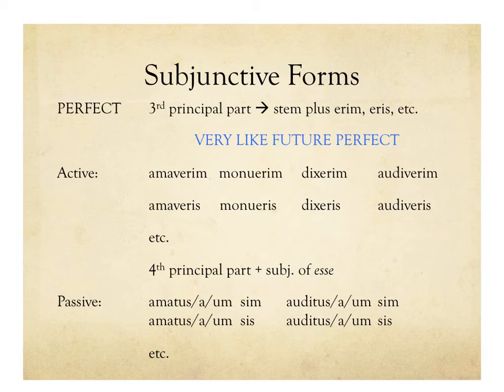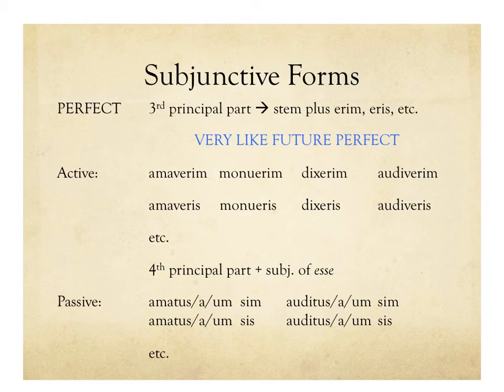For the perfect, it's slightly different because we're going to have sort of two different processes, just as we do in the indicative, right? In the indicative, we use either the third principal part or we use the fourth principal part plus the verb to be in the passive. And we're going to do the same thing here for the perfect.